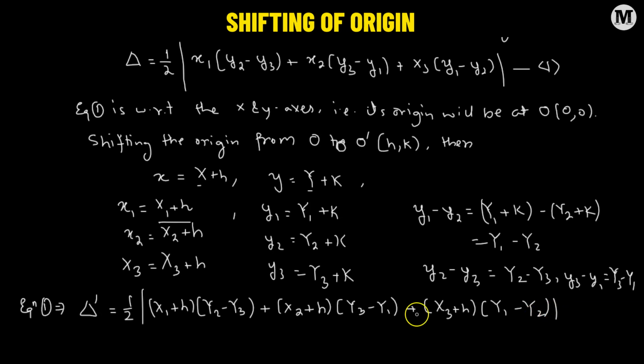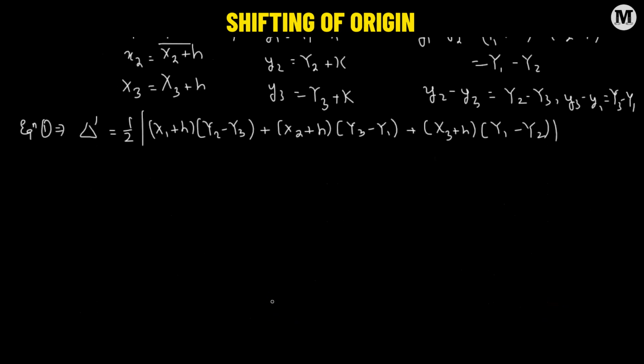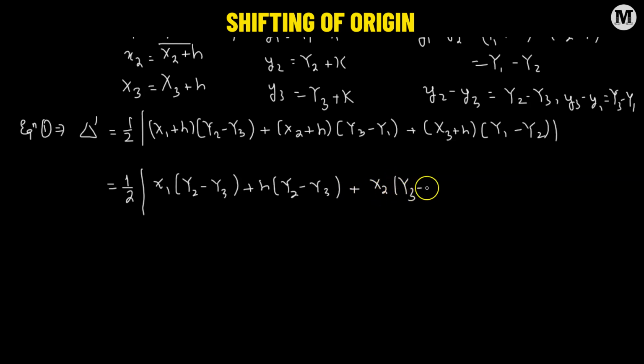So we're going to simplify this expression within the absolute value. We have half times the absolute value. Now we multiply X1 with Y2 minus Y3, which leaves us with plus h times Y2 minus Y3. Plus we have X2 multiplied by Y3 minus Y1, and h multiplied by Y3 minus Y1.